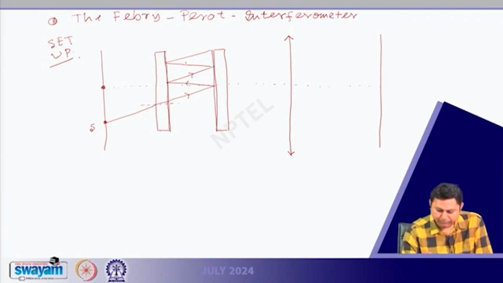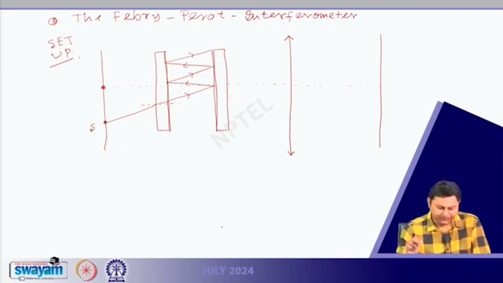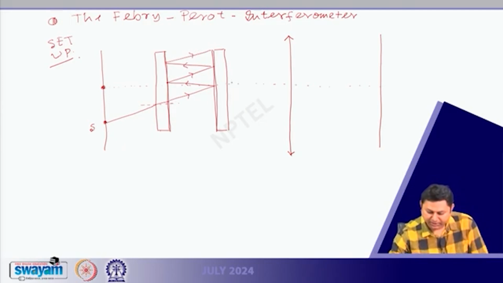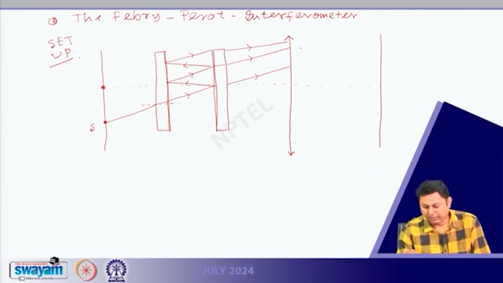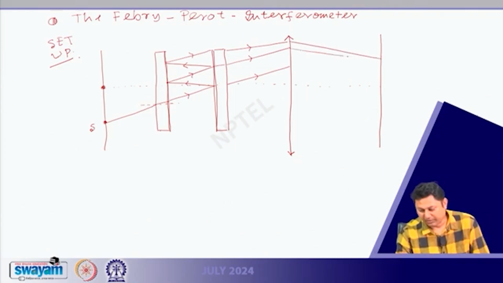Like multiple beam interference, and then this ray again comes here, and then merges to some point with the lens system.